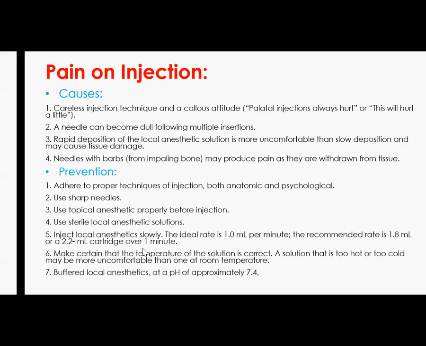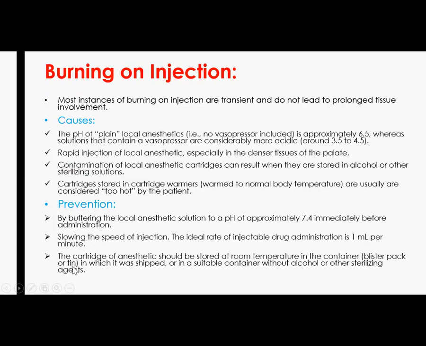A buffered local anesthetic solution has a pH which is almost close to the body fluid, almost like 7.4. So when you give a local anesthetic solution with a similar pH to the body fluid, you have better acceptance. The patient does not have pain or stinging sensation at the time of injection. So this is one way of avoiding the pain during injection.